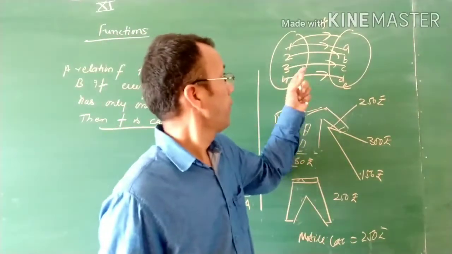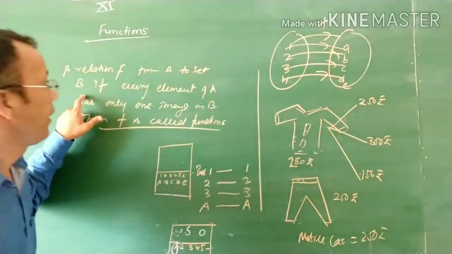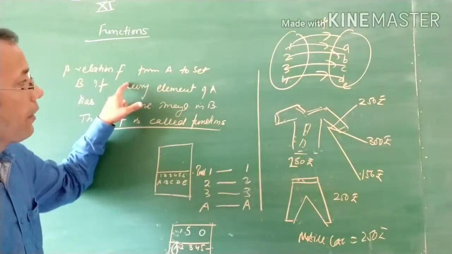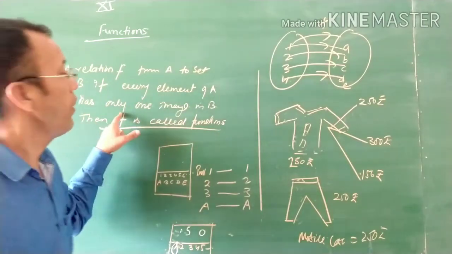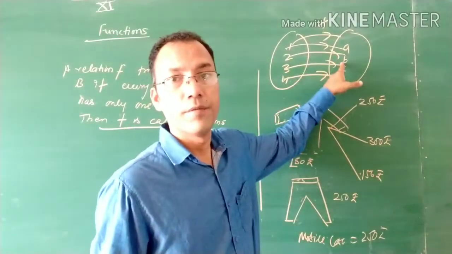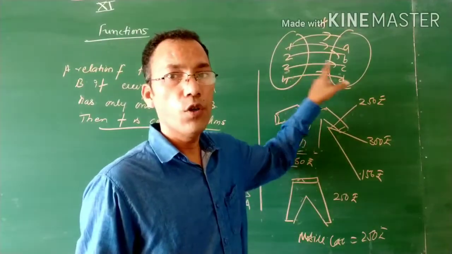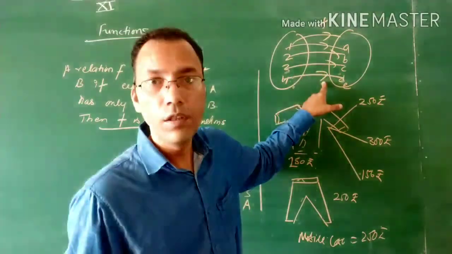Then each element of set A has only one image, so it is a function.